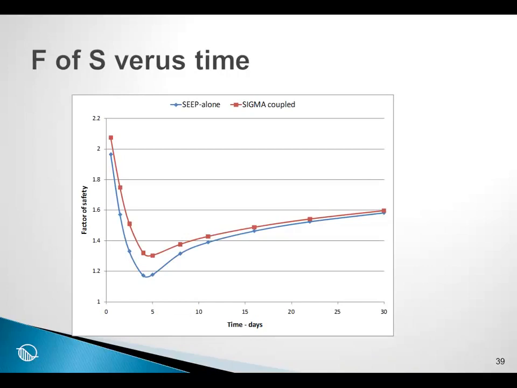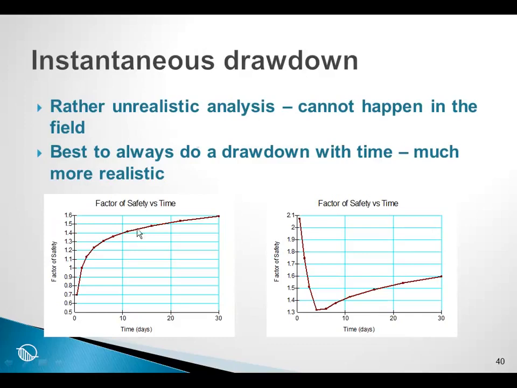Here are the factors of safety versus time. Obviously, SEEP alone gives you slightly higher pore water pressures. As a result, you get slightly lower factors of safety as the minimum values. The SIGMA/W coupled value gives a somewhat higher factor of safety. Very briefly, the instantaneous drawdown.